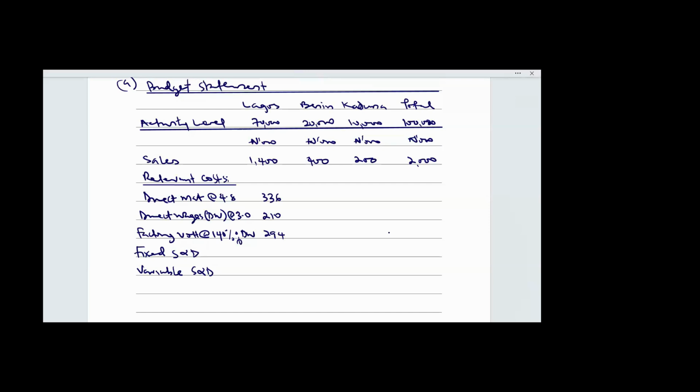What's the fixed selling and distribution expenses for Lagos? 80,000, so 80. Then variable selling and distribution for Lagos. 5% of sales value. Oh, okay. Let's go and do working for that.